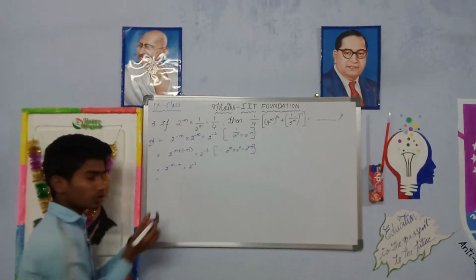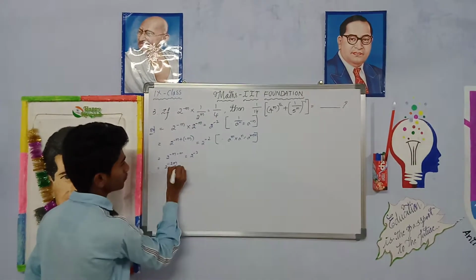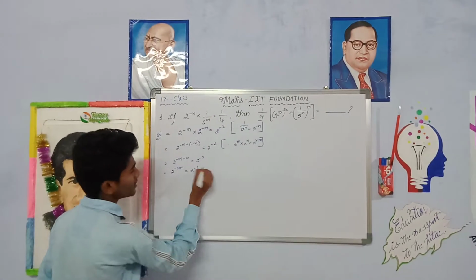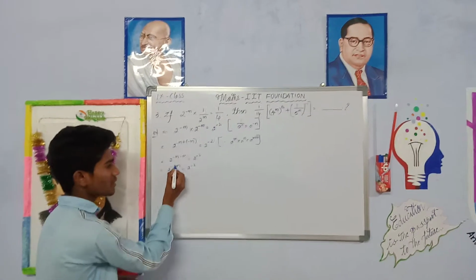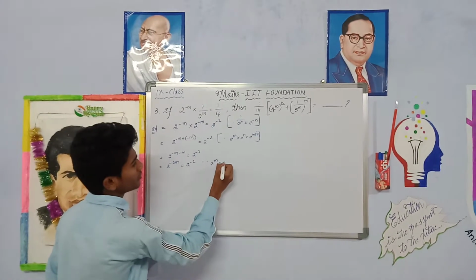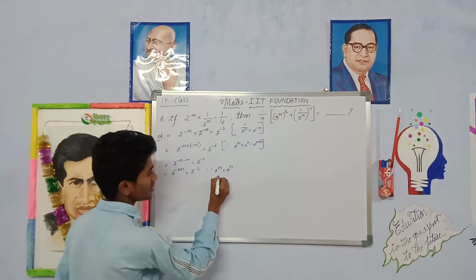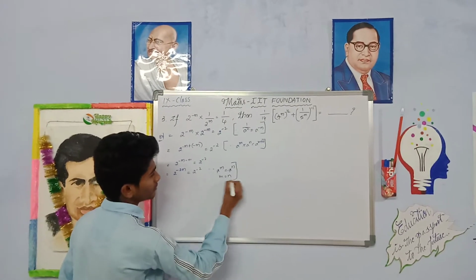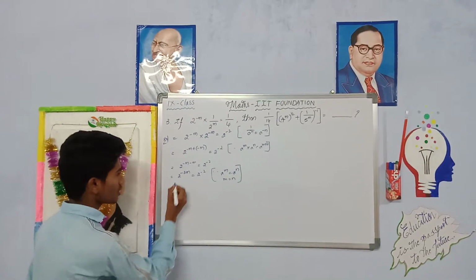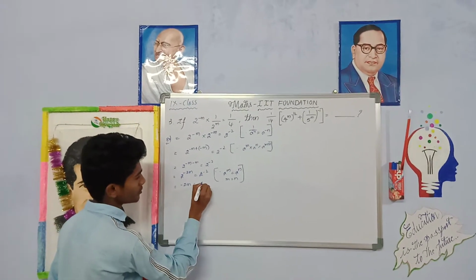Now 2 power minus 2m is equal to 2 power minus 2. Now a power m is equal to a power n, so the bases are equal and they get cancelled, and we get m equal to n. So now minus 2m is equal to minus 2.